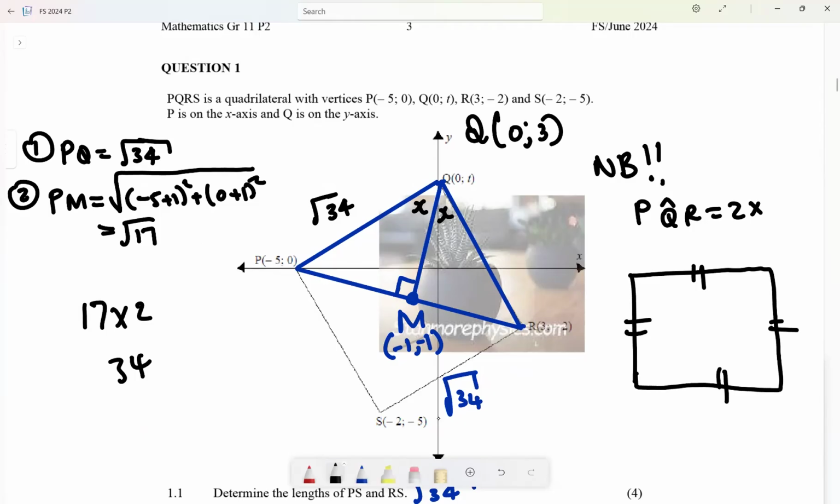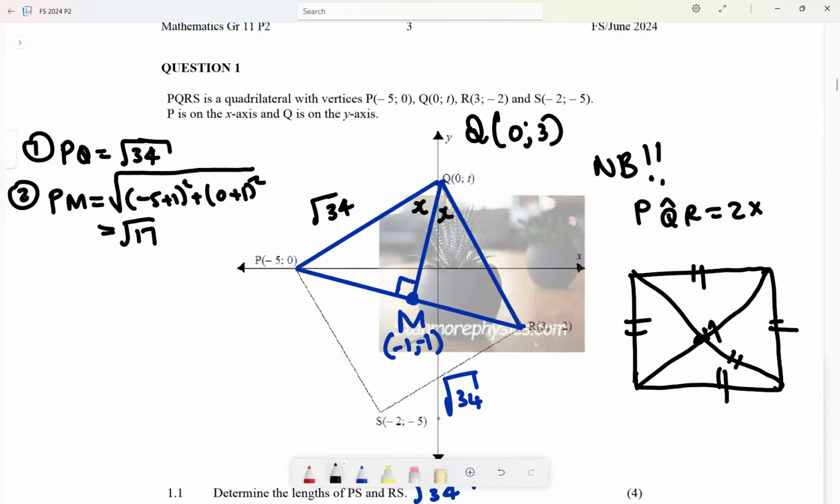It is also equal to the what? To the diagonal. So all the lengths are equal, even the diagonals are equal. So it means this point here will be half. In case you don't know, it's fine.